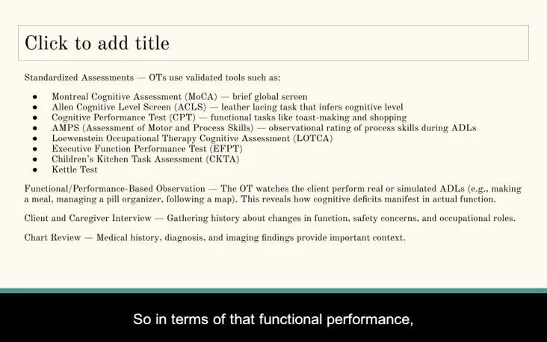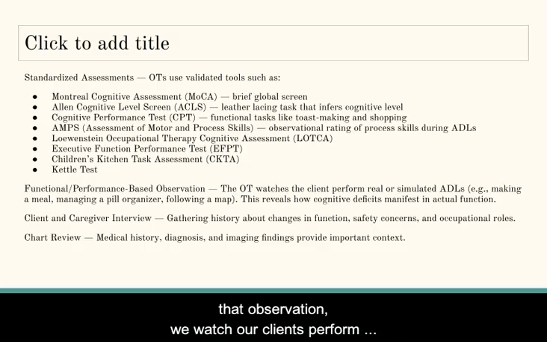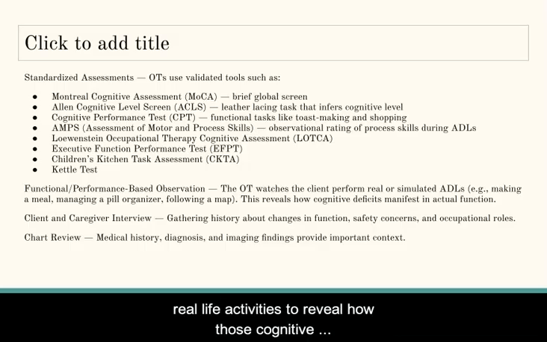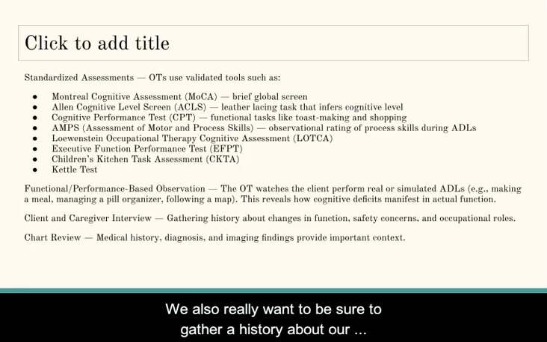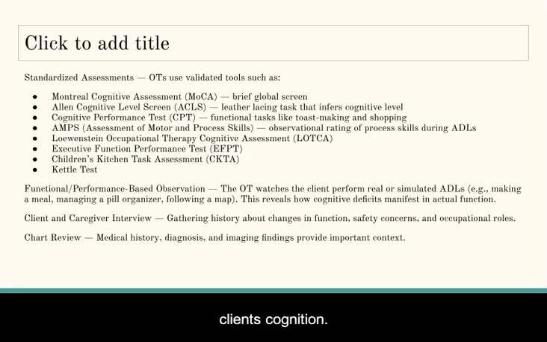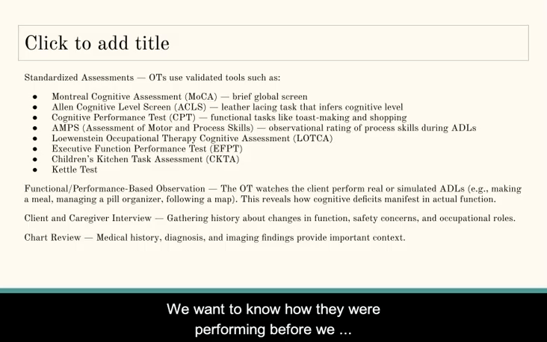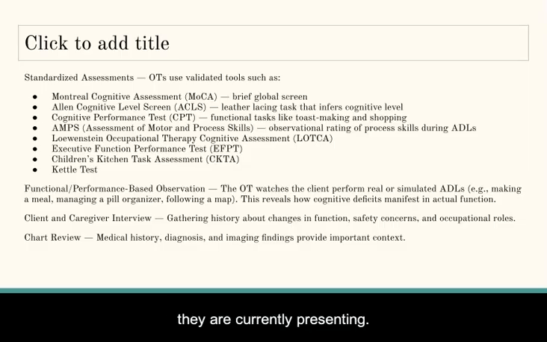So in terms of that functional performance, that observation, we watch our clients perform real life activities to reveal how those cognitive impairments might manifest during the actual function. We also really want to be sure to gather a history about our clients' cognition. We want to know how they were performing before we are seeing them, and is that any different than how they are currently presenting?